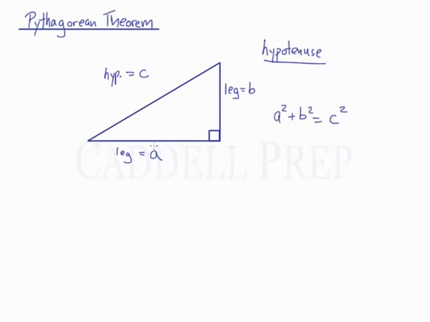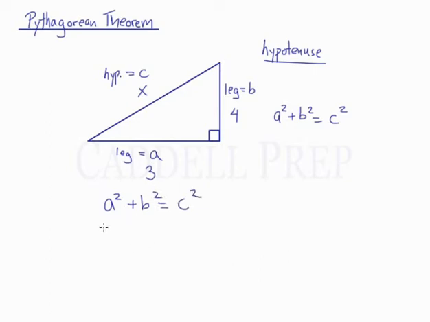So if we have two measurements, we could always find the third one by using this theorem. For example, let's say that this side is 3, this side is 4, and this side is unknown. We start with a squared plus b squared equals c squared.